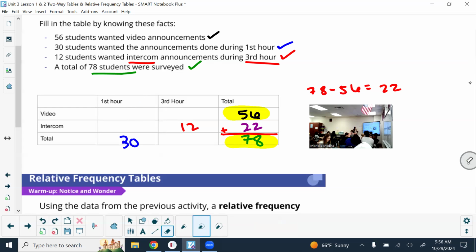Intercom for first hour. Okay, the intercom for first hour is 10 because we have almost the entire row filled out. We know that something plus 12 equals 22, and that has to be 10. Good. Table 9, give me something else we can fill out.